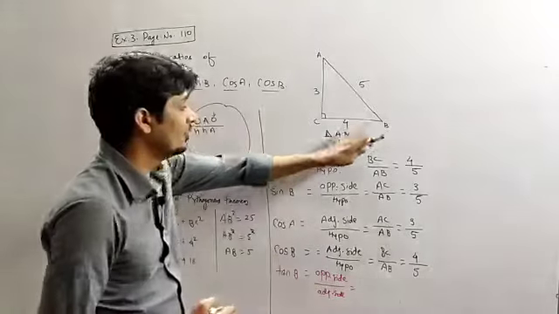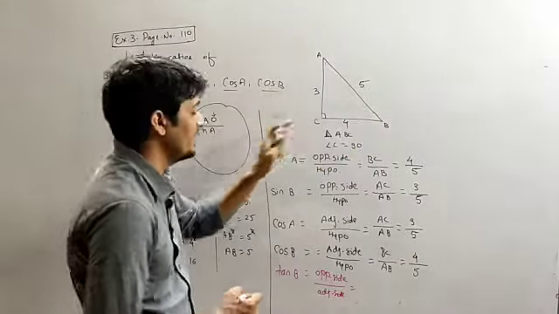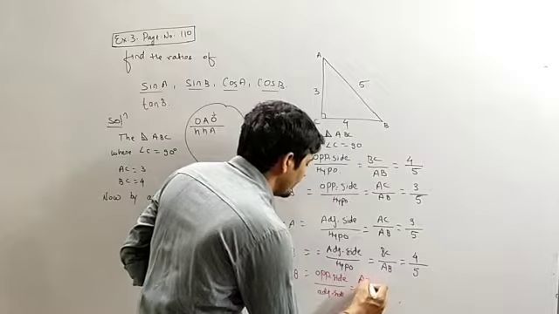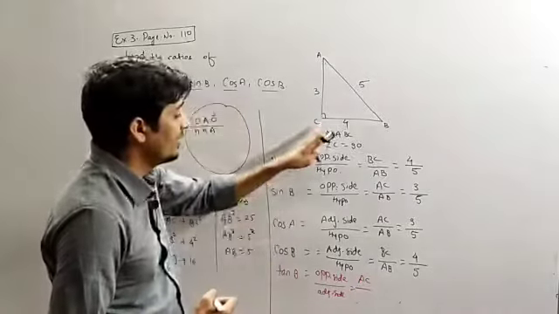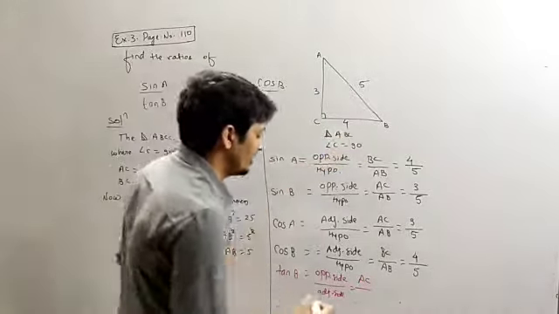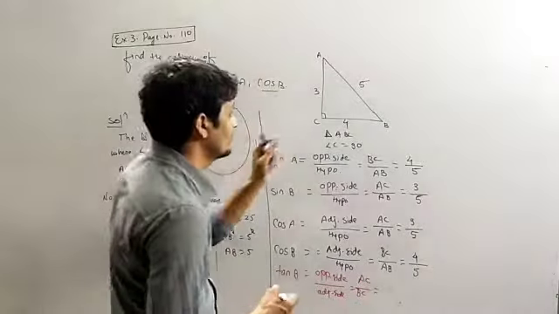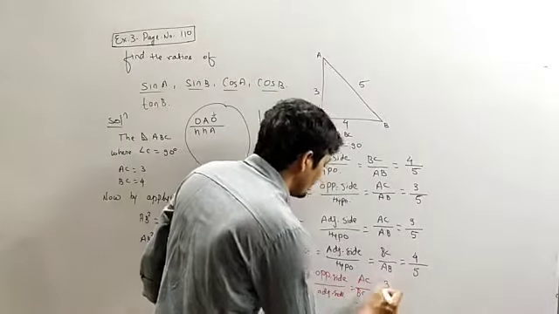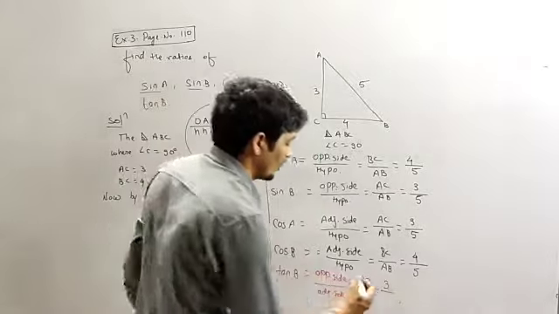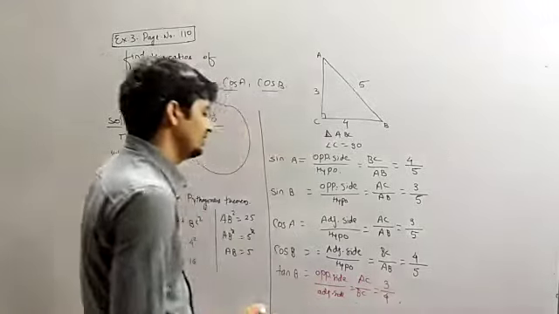So for angle B, opposite side will be AC, and adjacent side is BC. AC is 3 and BC is 4. So tan B is 3 divided by 4. This is the answer.